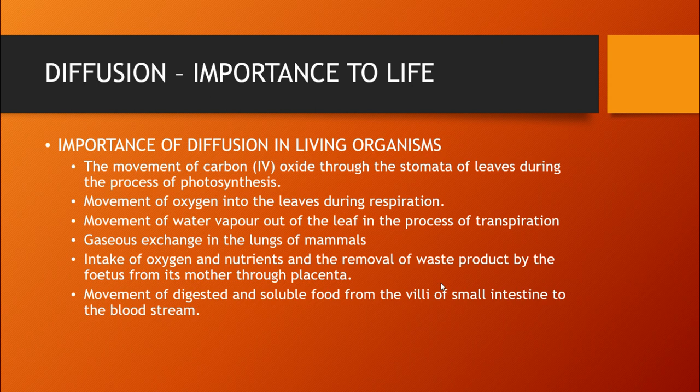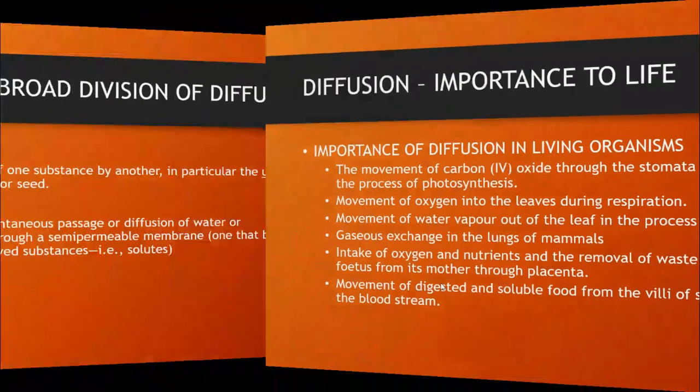Then intake of oxygen and nutrients and the removal of waste products by the fetus from its mother through the placenta. Diffusion, from where it is high to where it is low. The movement of digested and soluble food from the villi of the small intestine to the bloodstream is also diffusion. That's the concept behind diffusion.